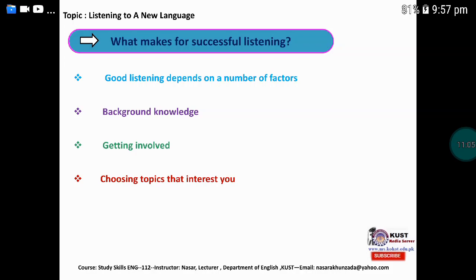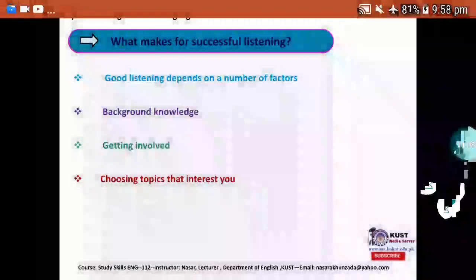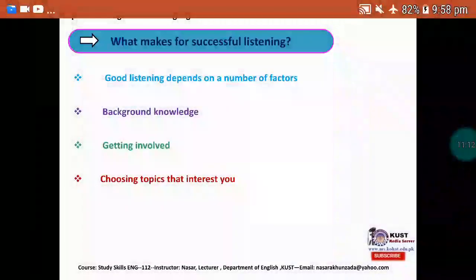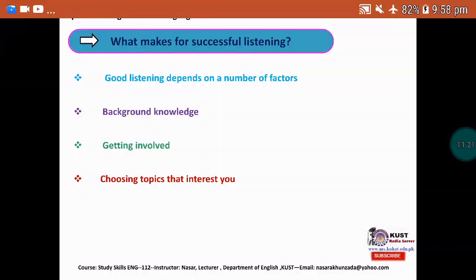Choosing topics that interest you. Your interest in the topic is important too. Of course, you can't force yourself to be interested in every topic that you have to listen to. But when it comes to out of class listening, exercise some choice.